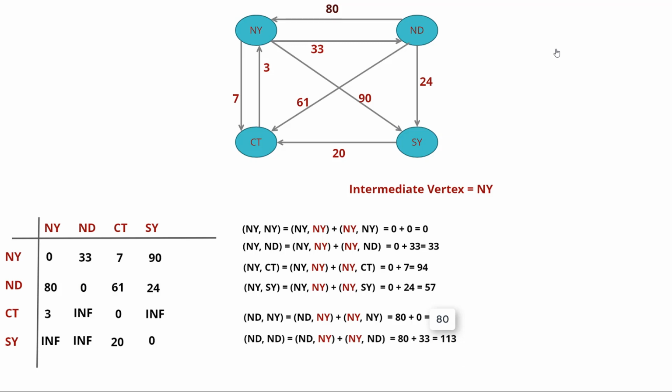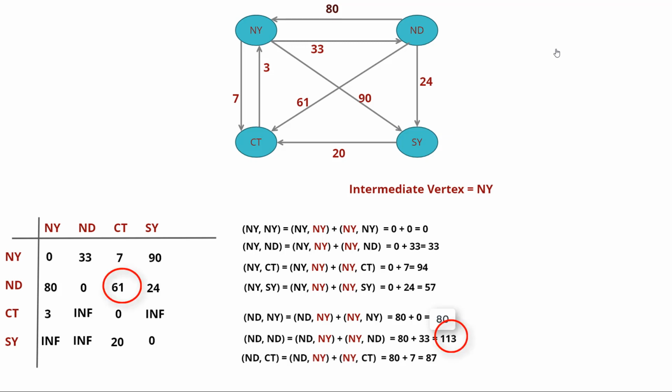On the next iteration, the source is ND and the destination is CT. On inserting an intermediate vertex NY, the indirect path will be ND to NY plus NY to CT. The weightage of ND to NY is 80 plus the weightage of NY to CT is 7. On summing, we get a total weightage of 87. So what is the current weightage we have for ND to CT?